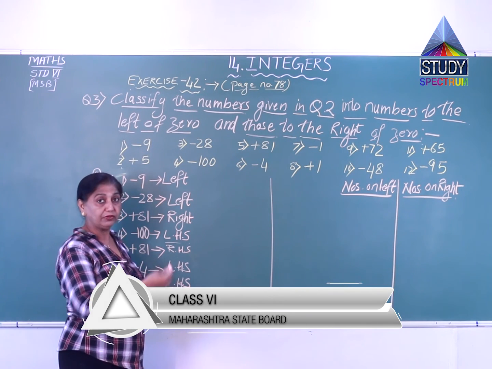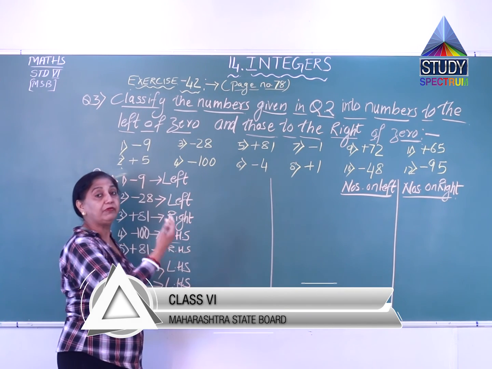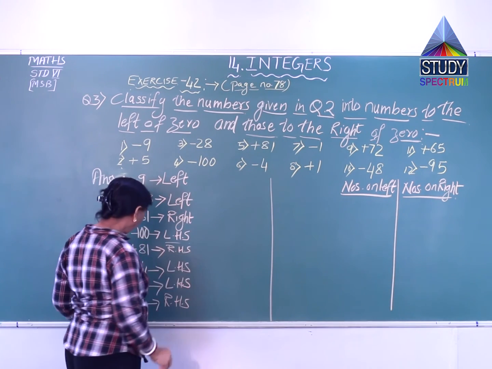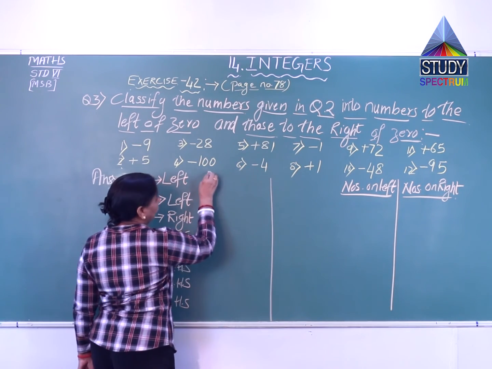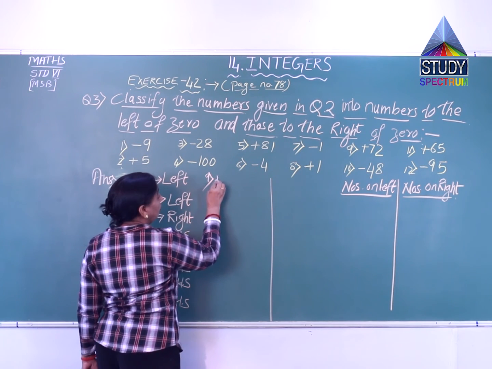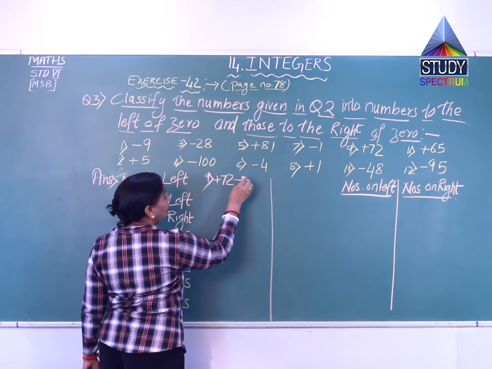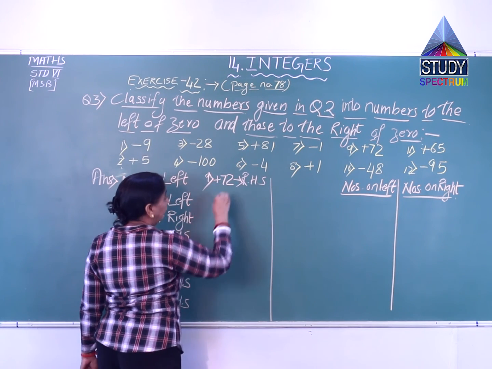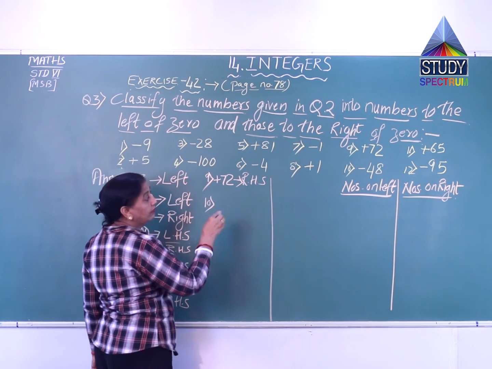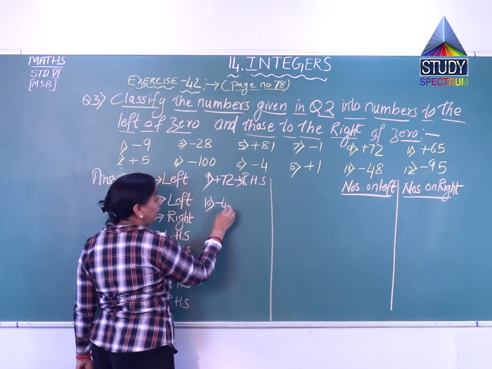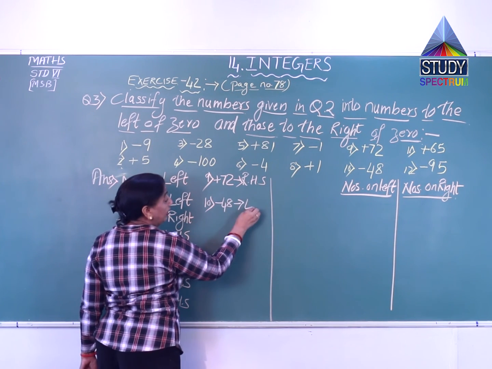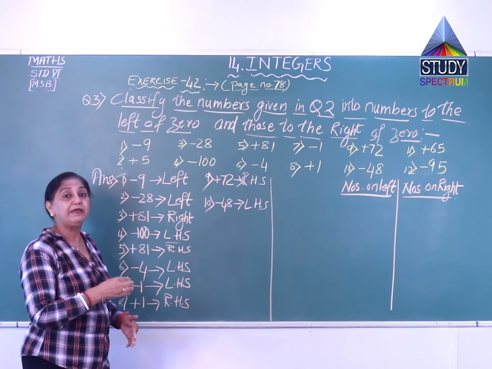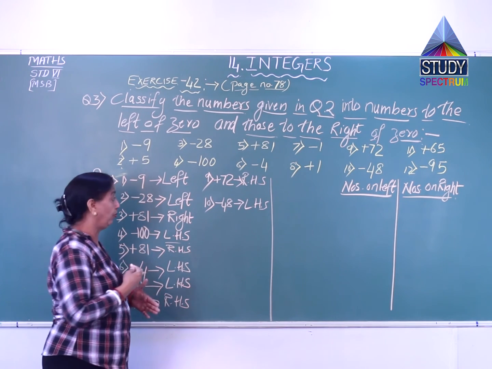So on the number line, when 0 is there, all the positive numbers, you know, come on the right hand side. Now this was the 8th one. The 9th one is what? Positive 72. So it will always be right hand side. And then the 10th one is what? Minus, that is negative 48. So it will be left hand side, as all the negative numbers lie to the left hand side of 0.